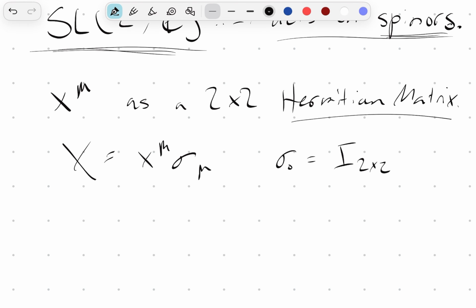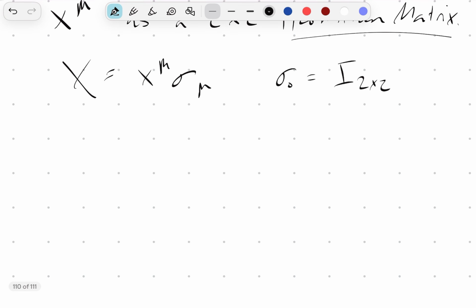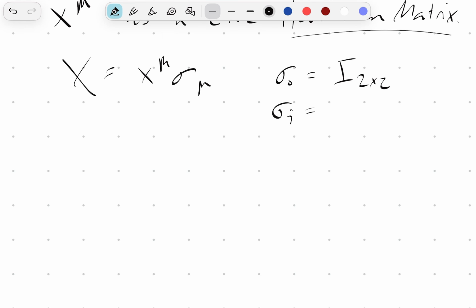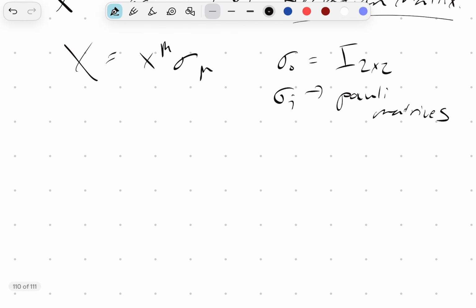Now, what's interesting about this, as you recall, when we had Pauli matrices in quantum theory, and of course we're using the same Pauli matrices here, there are these types of objects that allow us to describe quantum states.